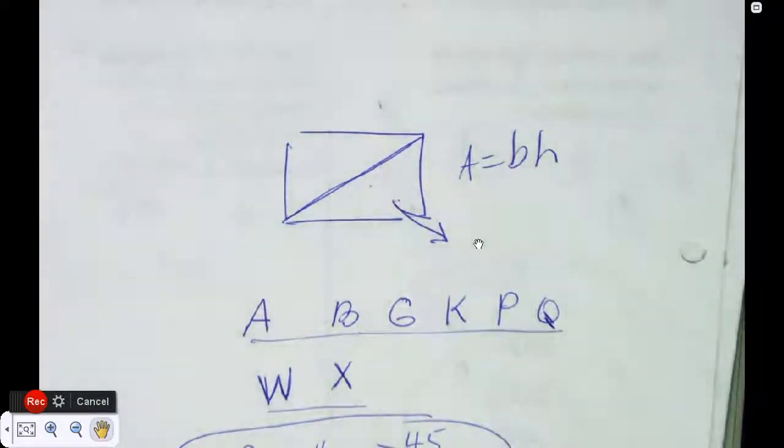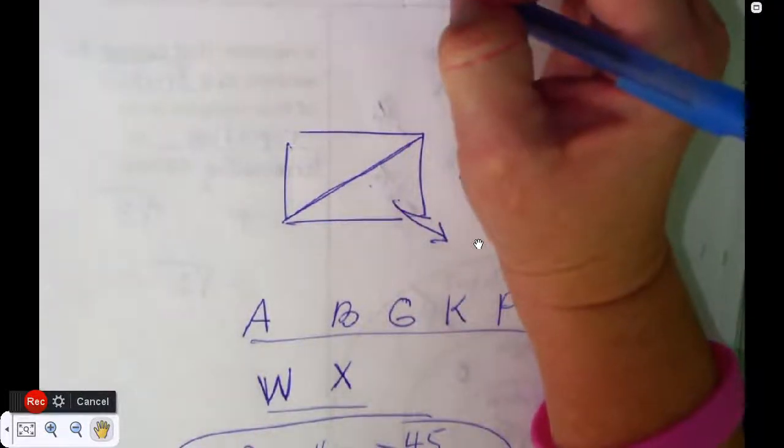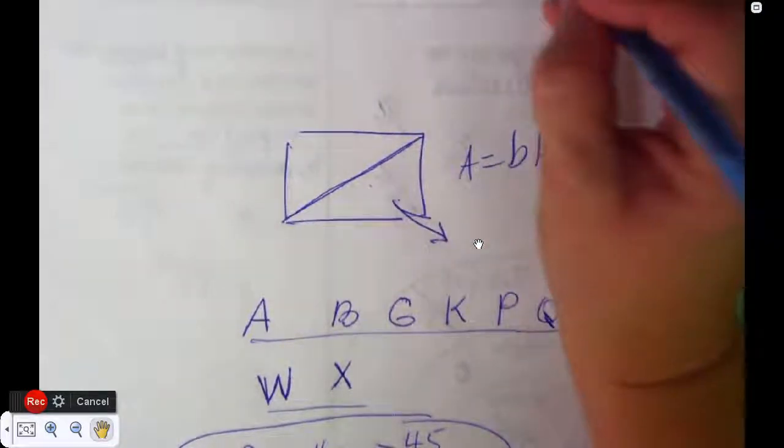How do you get area of a rectangle? Base times height. So look, when I cut a diagonal across this rectangle, that splits it into what? In half. It splits it into 2 parts. It halves it exactly.